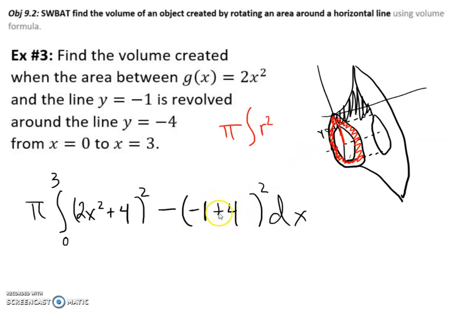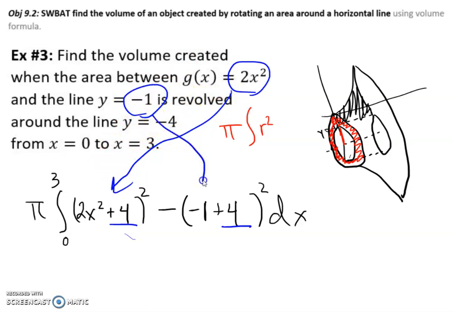So that is going to become 3, which you can probably just count that radius was going to be 3, because it went from -1 to 4. Notice that this always will work out. If the value that you're revolving around is 4 units down, it's going to be plus 4 to both of those radii, and 2x squared and -1 were the original 2 radii that would go in the 2 circles before that 4 was added.